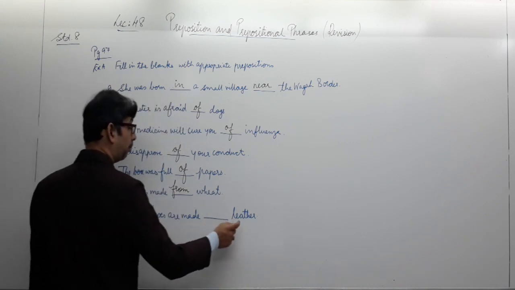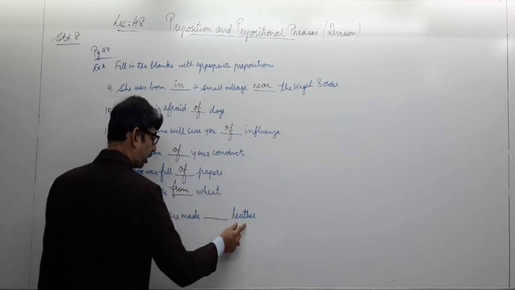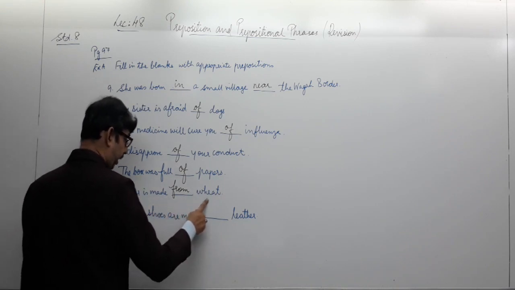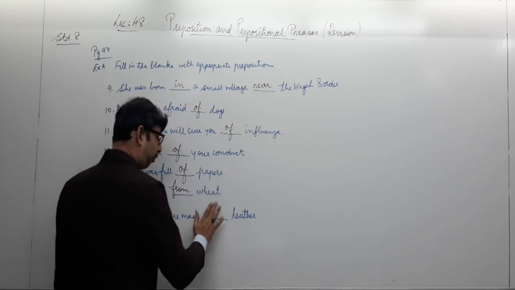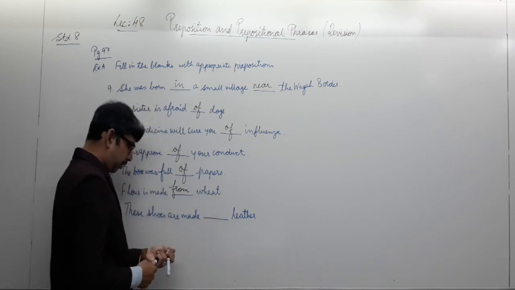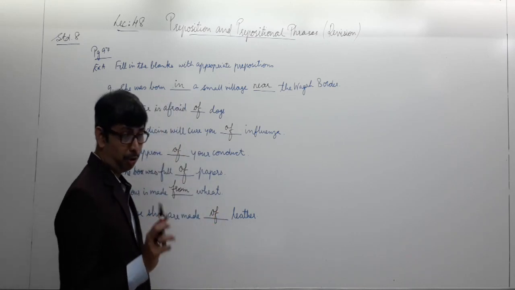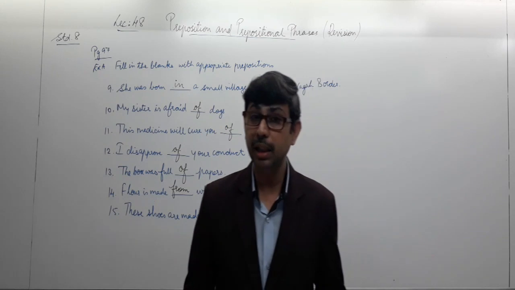We are talking about a material over here, unlike the ingredient before. Here it is not an ingredient, it's a material. Flour is made from wheat and not of wheat, but here these shoes are made from leather would be incorrect. So we will be writing these shoes are made of leather and not from leather, because we are discussing the material and not the ingredient.